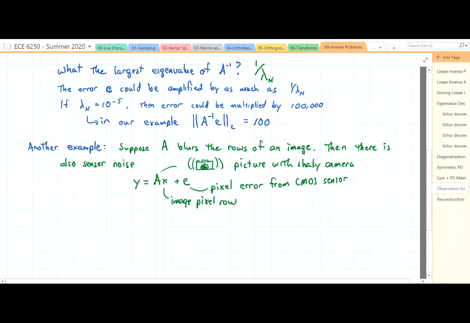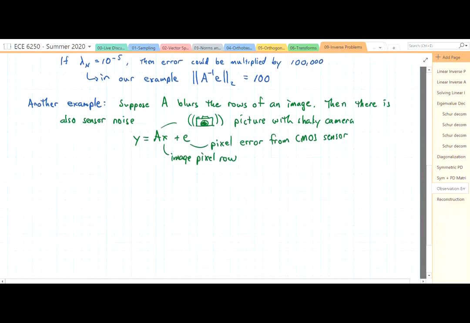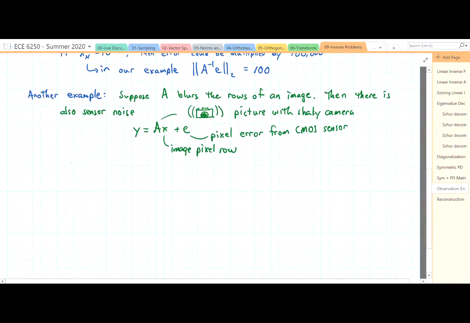So blurring is generally a low pass operation.